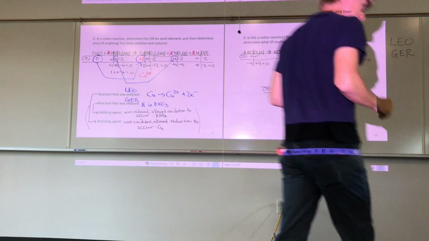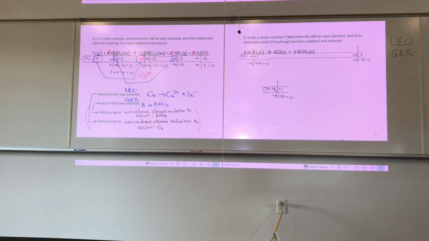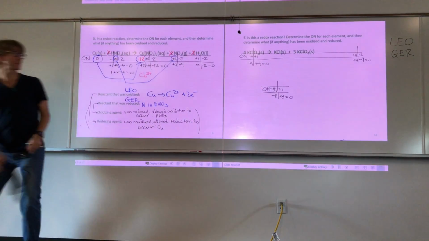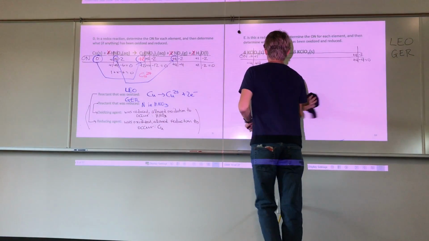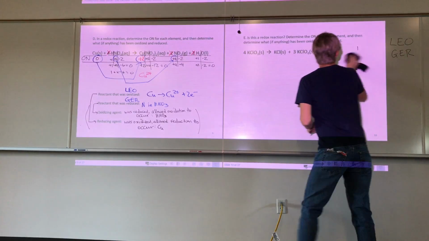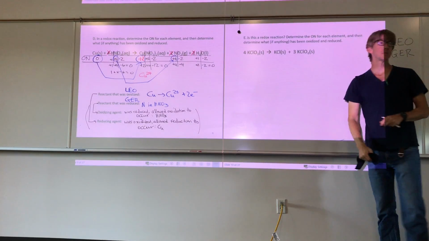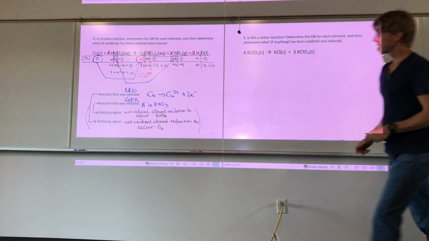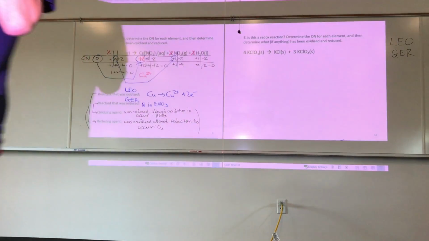Some of these are going to end up being companion problems. This one's going to end up being a companion problem. Companion problems have their answers on the Chem 400 website, printed out in PDF form. Let's keep going and do the next one.